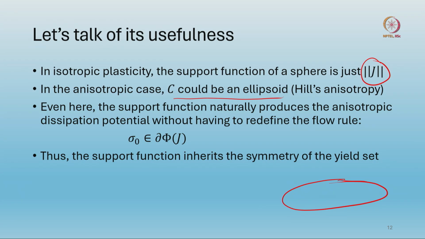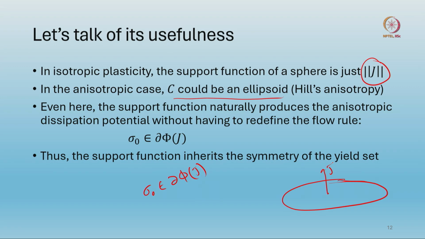So in such a case, the fact that sigma 0 belongs to del phi of J does not mean that J and sigma 0 are collinear, because that will not maximize the plastic power. Suppose this is some center, J is acting like this.